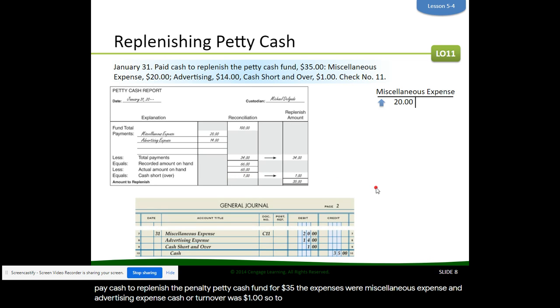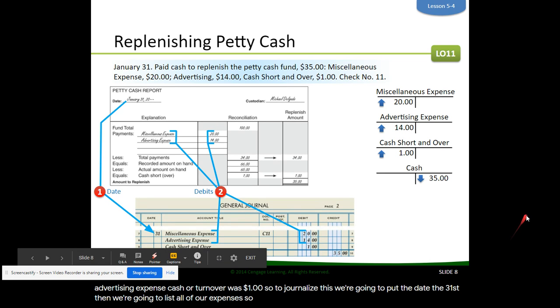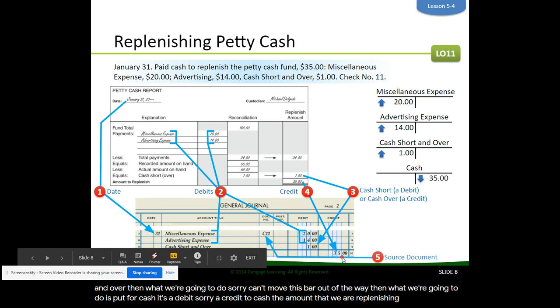So to journalize this, we're going to put the date, the 31st. Then we're going to list all of our expenses. So miscellaneous expense, advertising expense, and cash short and over. Then what we're going to do is put for cash, it's a credit to cash, the amount that we are replenishing.